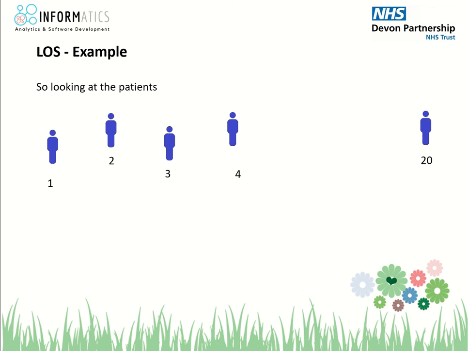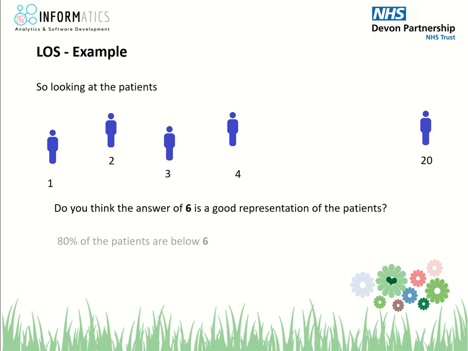So the question is, looking at our patients and the distribution of the lengths of stay of all our patients in the ward there, is the answer 6 a good representation of those patients? So 80% of the patients are below 6 days, and 20% are way above those 6 days. So by using that mean, it is severely skewed by an outlier.